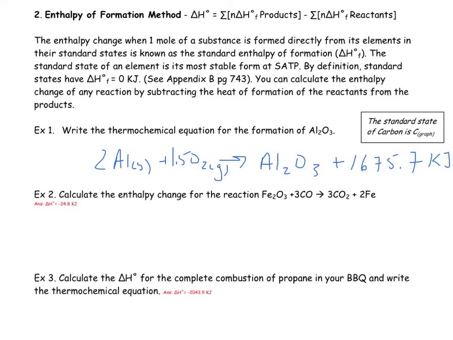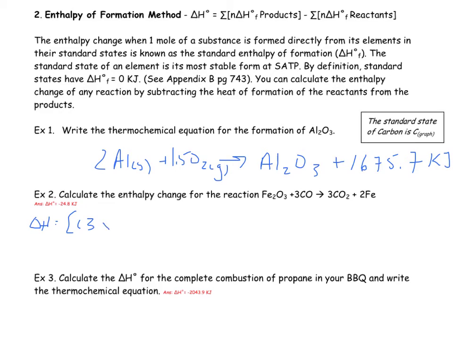A common mistake people make is that because we read from left to right, they will sub in iron oxide first. But the equation says products minus reactants. We're going to start with CO2. My reaction uses 3 moles of CO2.